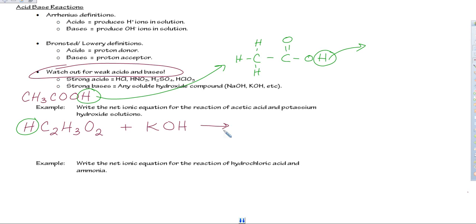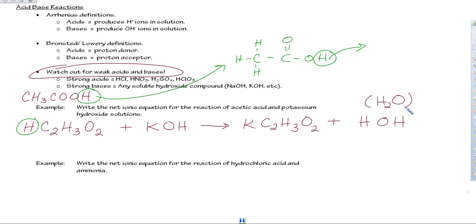So one of my products will become potassium acetate. And what do you know? Hydrogen hydroxide, aka water. And I could care less which way you want to write it. If you leave it as hydrogen hydroxide, that is perfectly acceptable. If you change it to water, not a problem. Everybody will know what you're talking about.